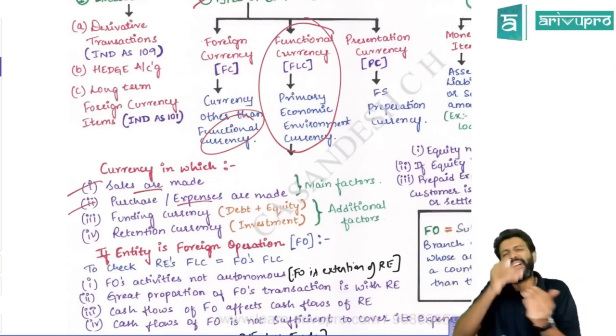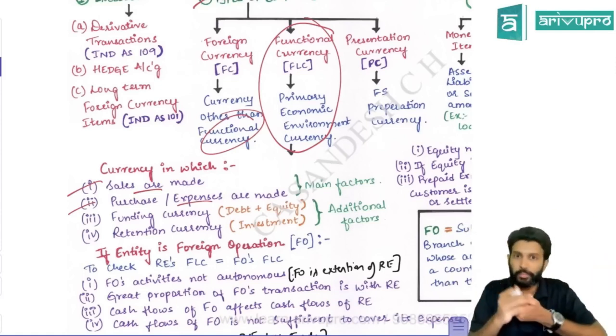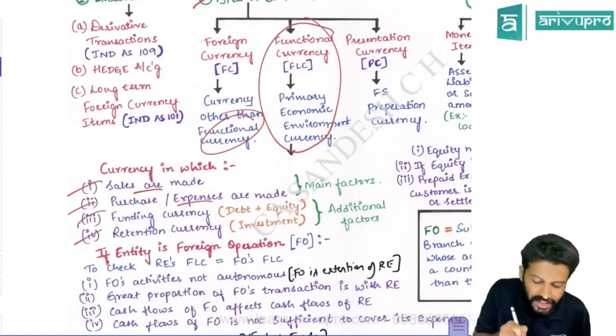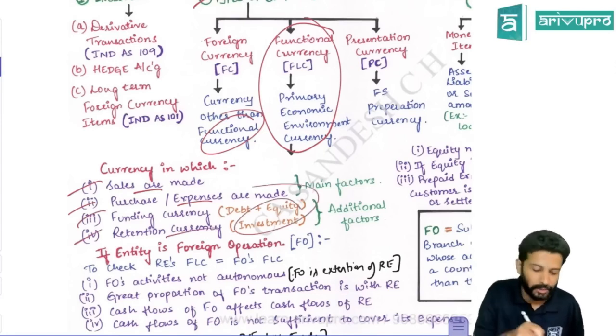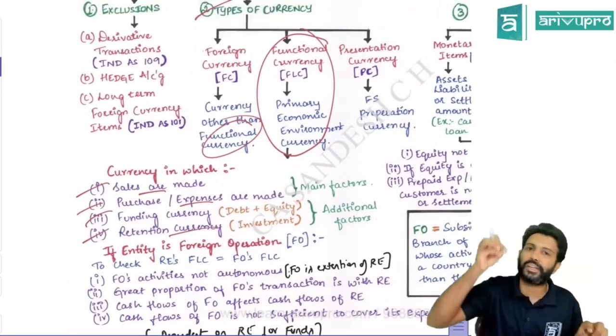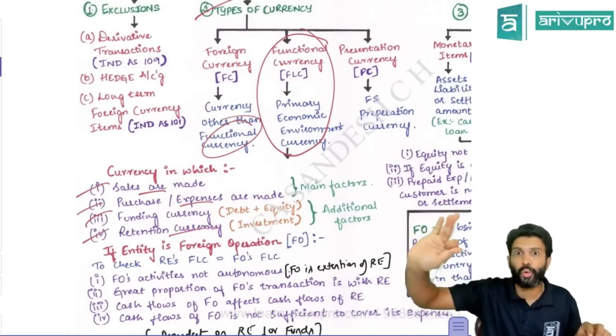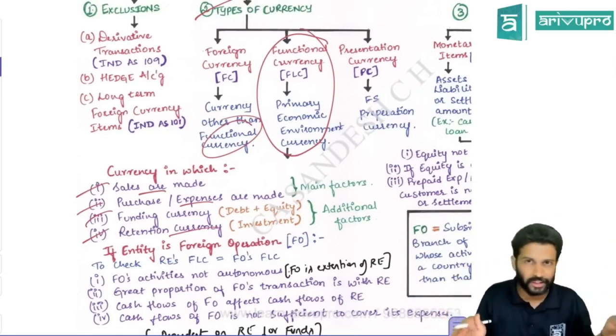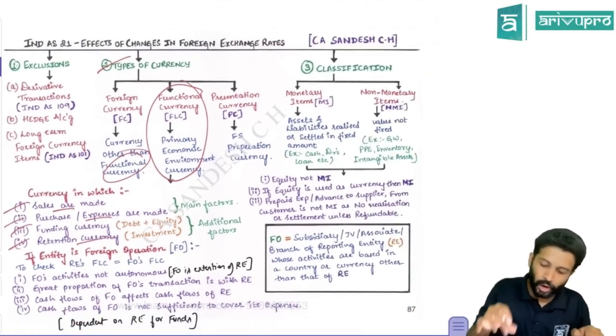Other factors are the currency in which you raise your loans and funds, and the currency in which you make your investments. Keeping these things in mind, an entity will determine its functional currency. So take the notion out that just because you're in India, Indian rupees is the functional currency. Not necessarily so.